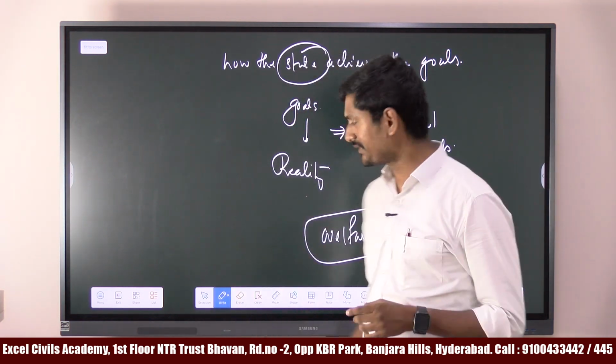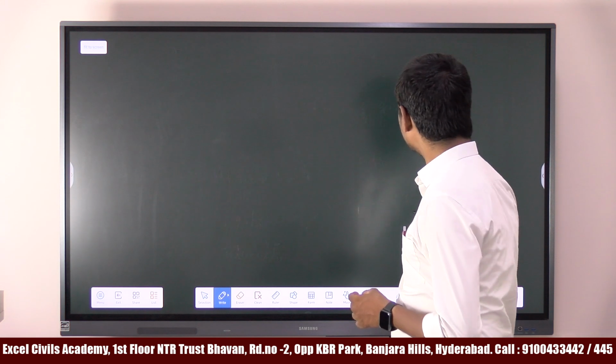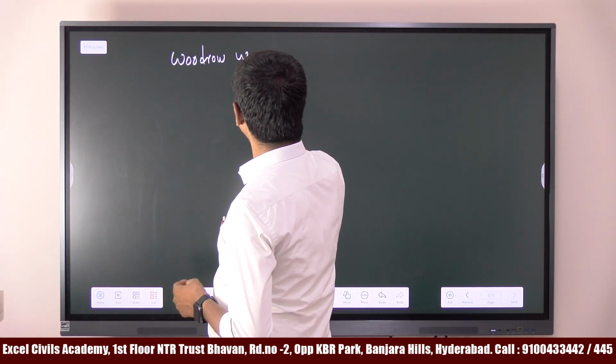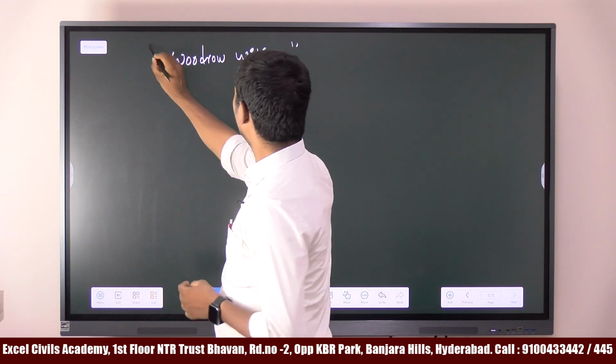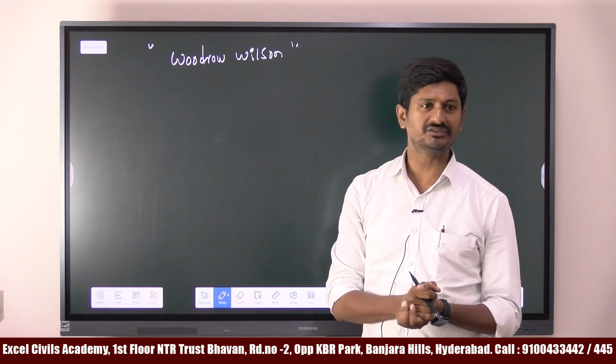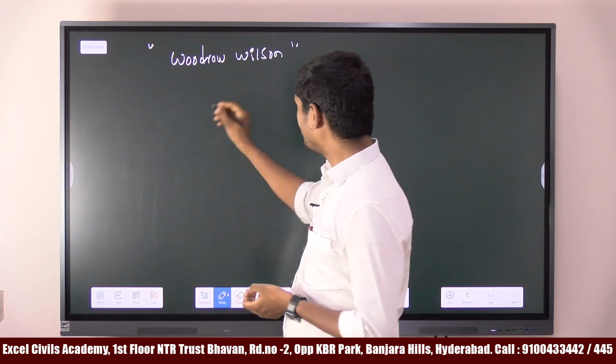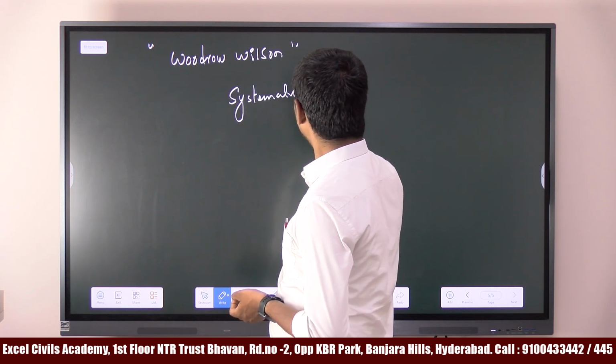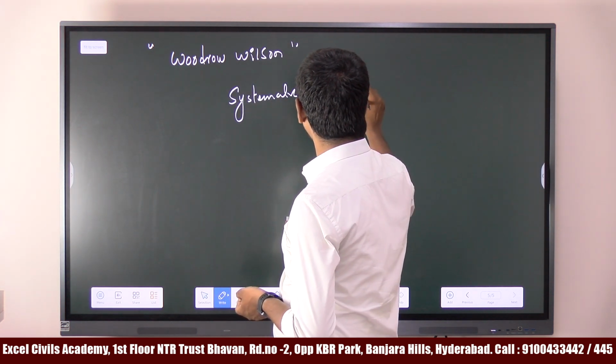Did you understand? That is why, according to Woodrow Wilson, who is considered to be the father of public administration, public administration is nothing but the systematic implementation of law.